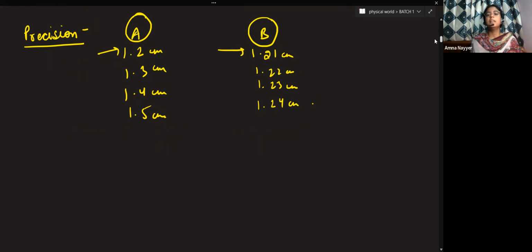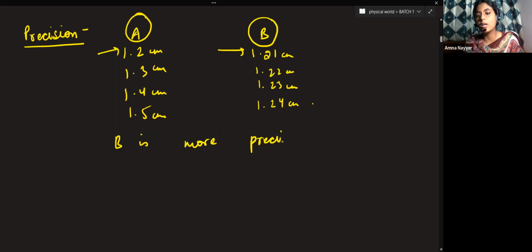Exactly, correct. So 1.21, because it is closest to the true value. It means B is more precise.